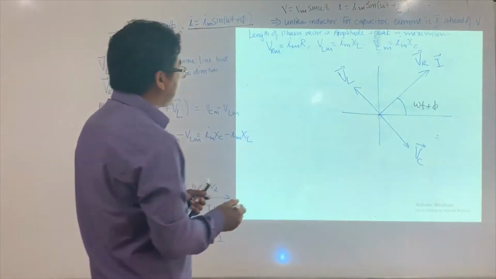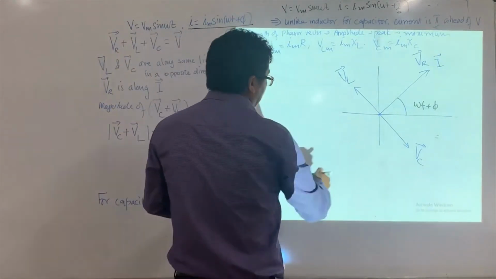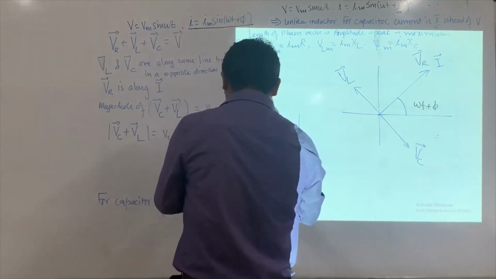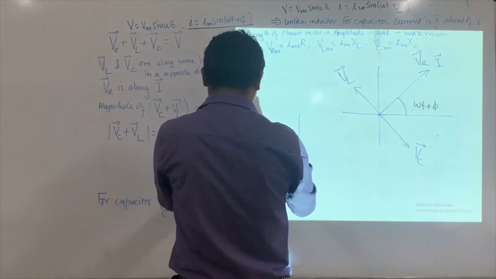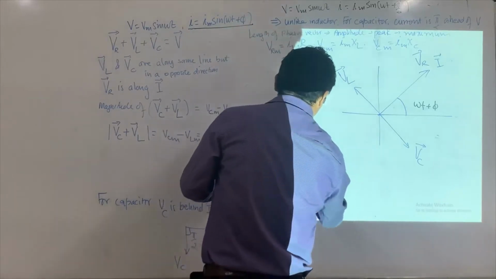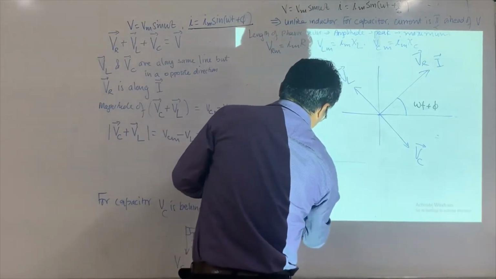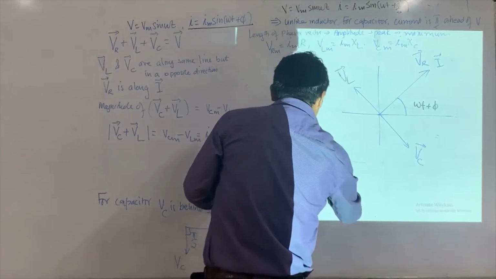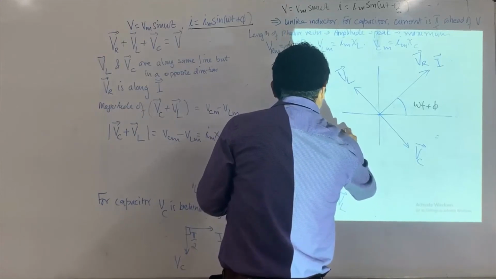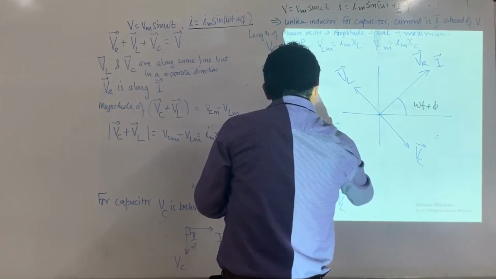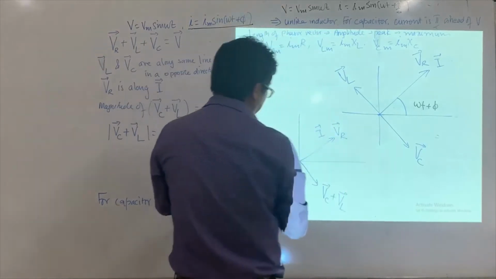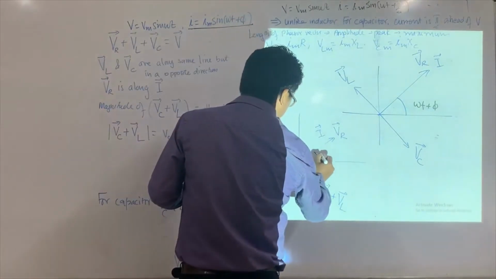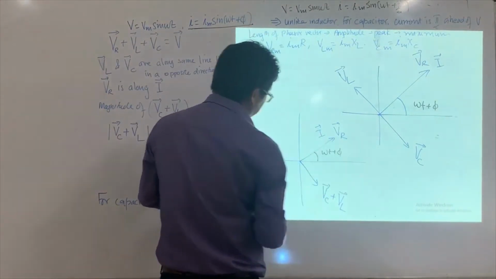Now I just sum up, and then the second equation that I'm going to write is: this is equal to VC plus VL, and this is equal to VR, all at omega t plus phi.